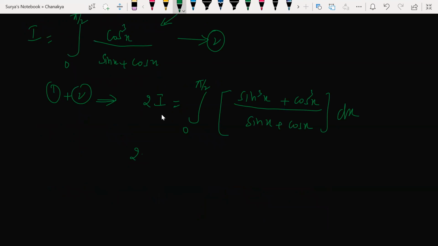Now tell me what we can write this as. 0 to pi by 2, this can be written as 2 minus sin 2x. How 2 minus sin 2x? We have the sin cube x formula and cos cube x formula. Substitute that, solve this, and tell me the answer now. Make it fast.